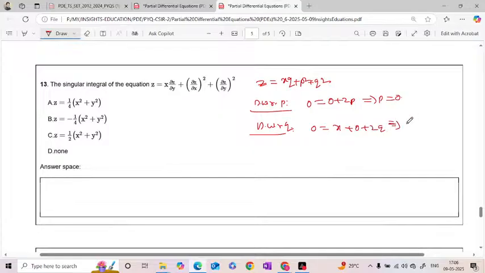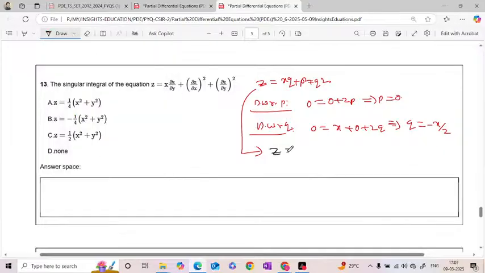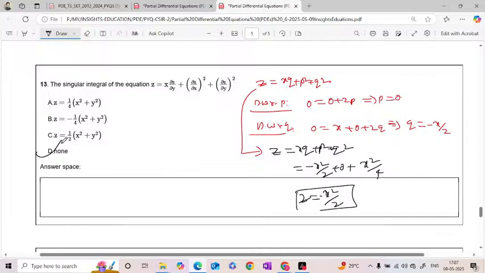That means we get q equals minus x by 2. Substitute p value 0 and q value minus x by 2. Now here we get z equals x cube plus p square q square, that means minus x square by 2 plus 0 plus x square by 4. There is no such option. So minus x square by 2 is the answer, so none of the above.